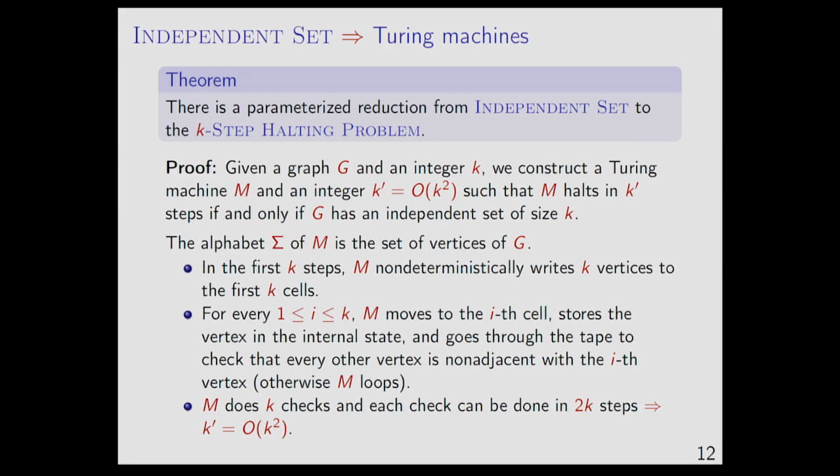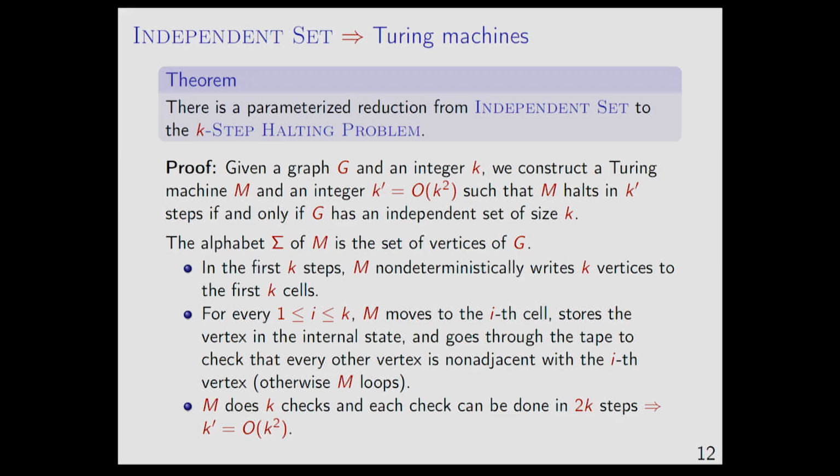So what will be your alphabet? All the vertices of G. In the first step, what does the Turing machine do? It just goes and non-deterministically writes down the k vertices of the independent set in the cells. Now all you care about is to check whether they indeed form an independent set. So for some i between 1 and k, you move to the ith cell, and you check whether there is an edge or not.